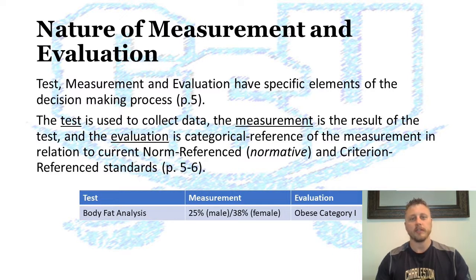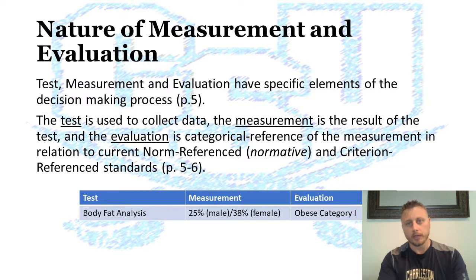So to give a couple examples here, you see the one that I have listed on the slide, which is you're testing for body fat. So you're conducting a body fat analysis. The tools at your disposal are calipers, bioimpedance apparatus, the hydrostatic weighing tank, or the Bod Pod. Those all give you a measurement.